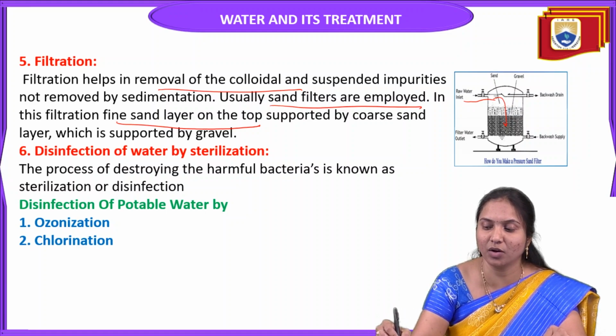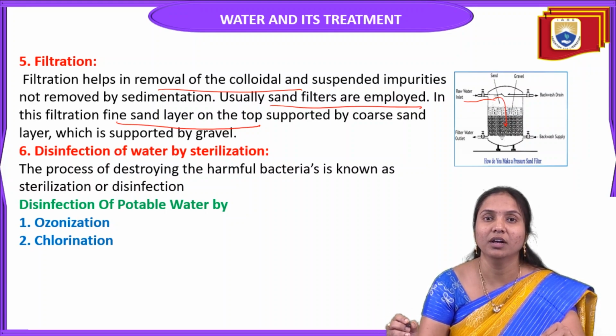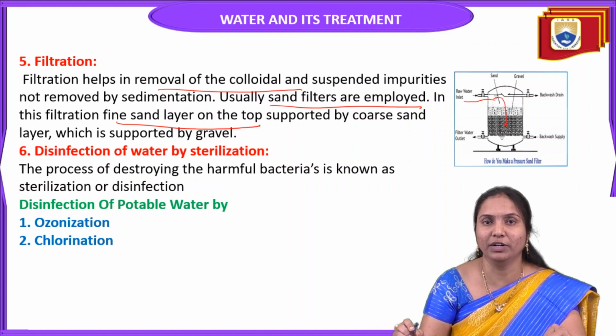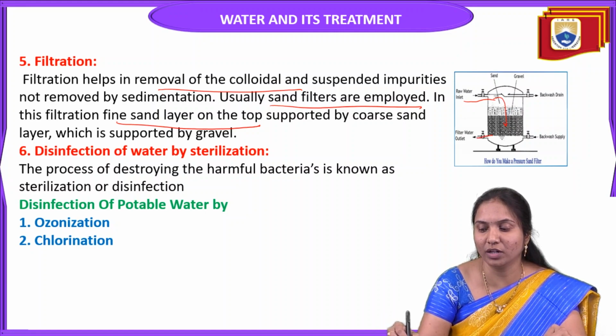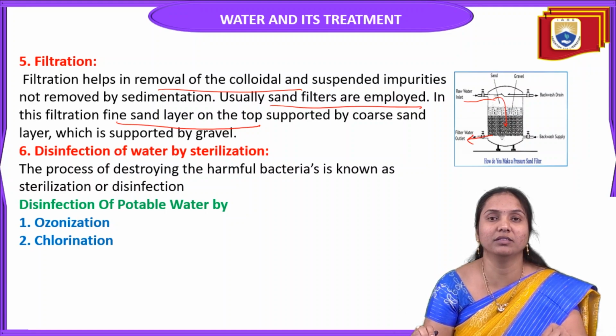When we pass this raw water through these sand filters, all the suspended impurities or colloidal impurities present in water are absorbed by these filters. Then finally, the outlet water is free from all the colloidal impurities. This method is called the filtration process.